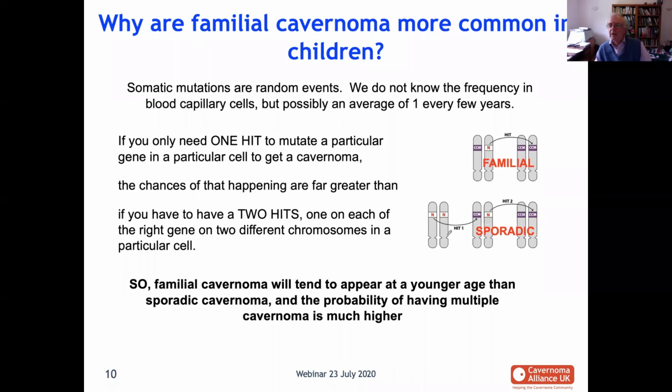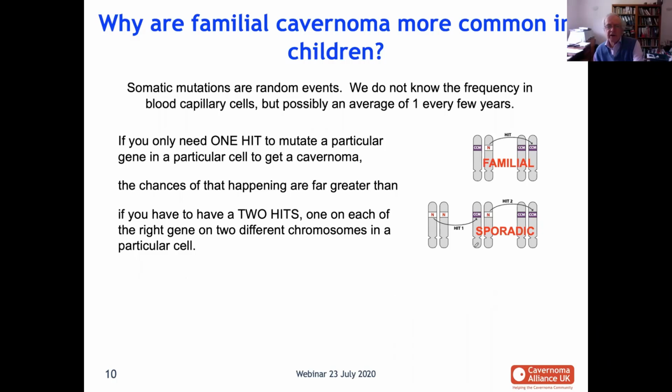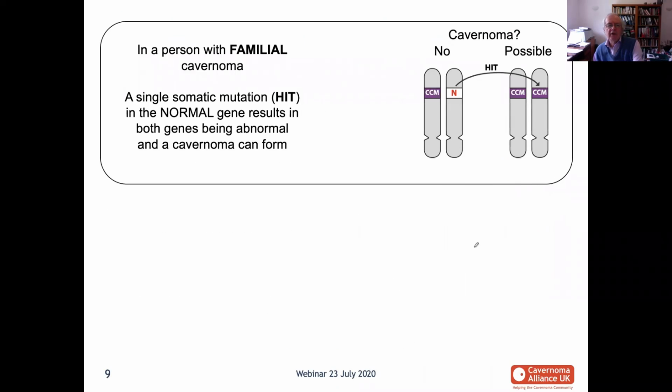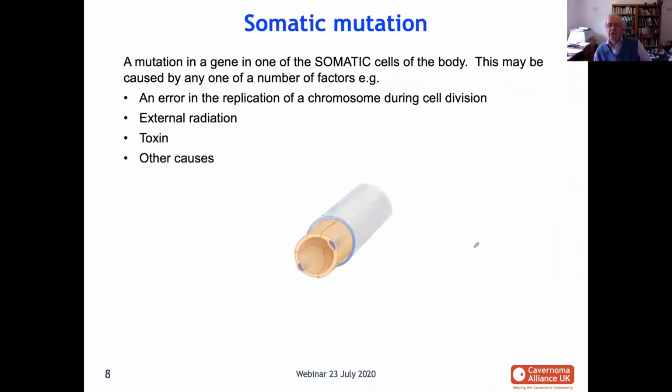Can I ask something? What decides where the event is going to happen in your body? It's randomness. Let's take it that it's due to radiation, which it often is.